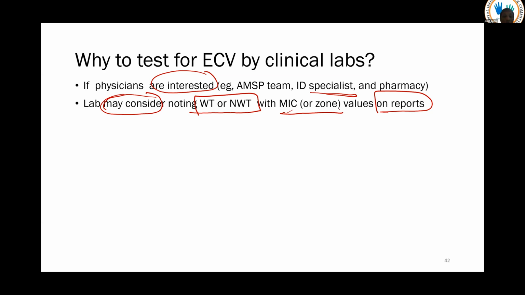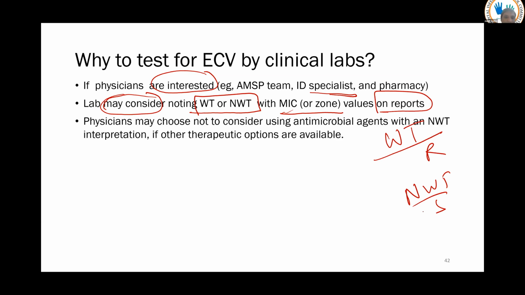However, you should not manipulate the report saying that WT means S and NWT means R. That is wrong. You should not do that. But you can consider mentioning it, so that if alternate drugs are available, the physician may choose not to consider the NWT strains for treatment.